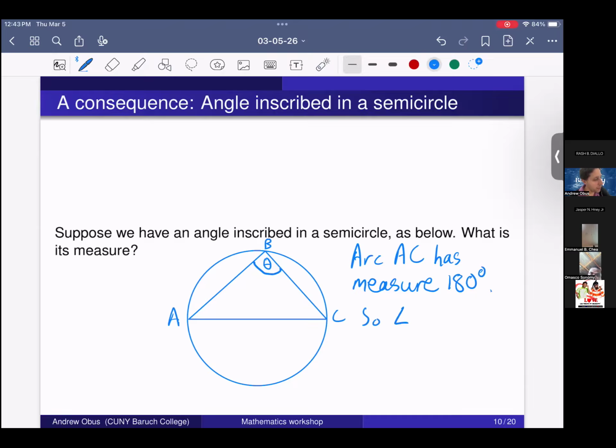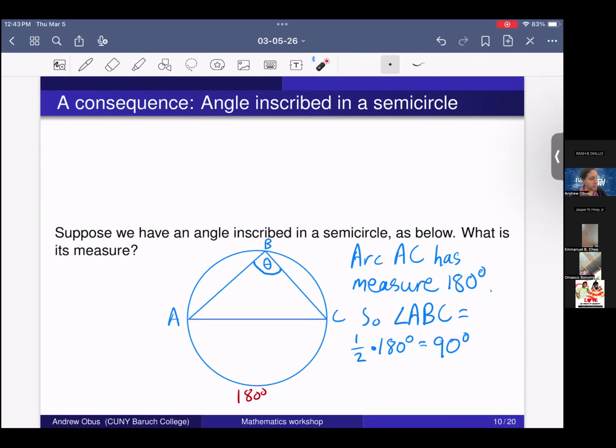So angle ABC, what's the measure of that angle? Well, this is an inscribed angle that cuts off an arc that has a measure of 180 degrees. So we use our formula, right? It's got to be 1/2 times 180 degrees, or in other words, 90 degrees. Right? This angle is 1/2 the arc.